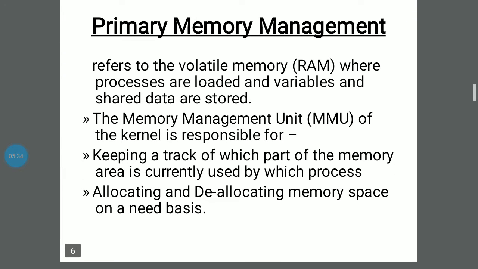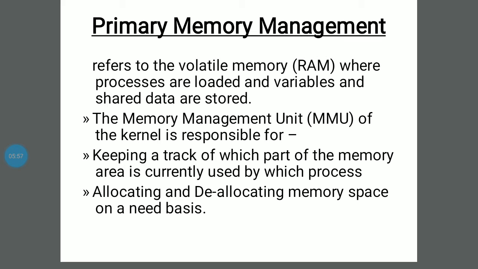Next, primary memory management. This refers to volatile memory where processes are loaded and variables and shared data are stored. Volatile means the data is not stored permanently. Here the memory management unit of the kernel is responsible for keeping track of which part of the memory is currently used by which process, since there will be multiple processes.